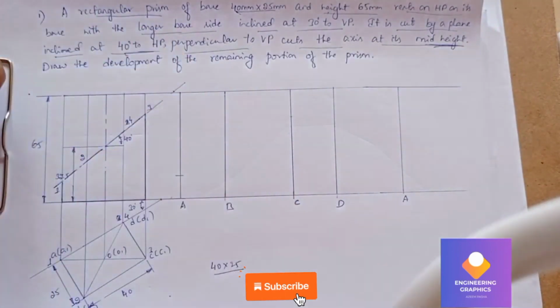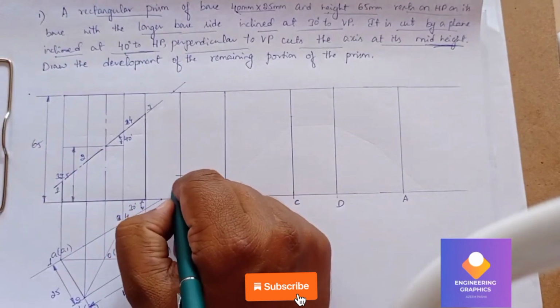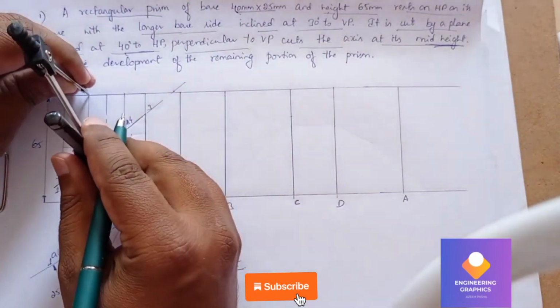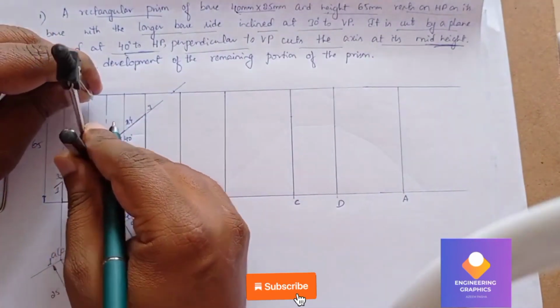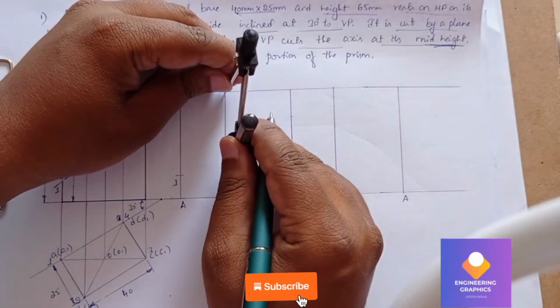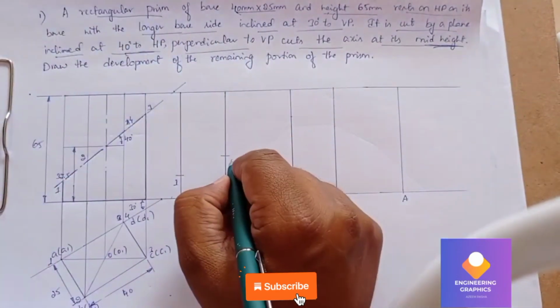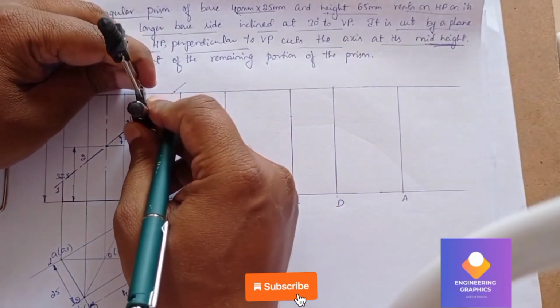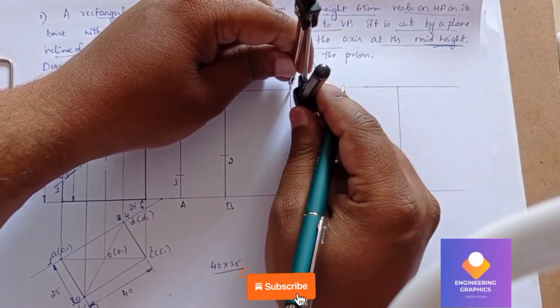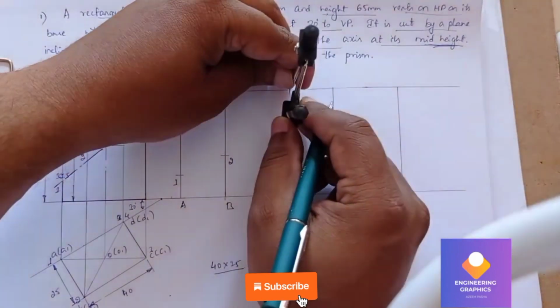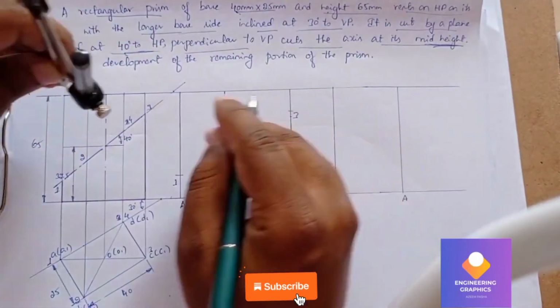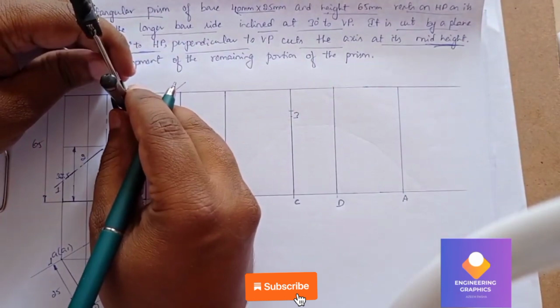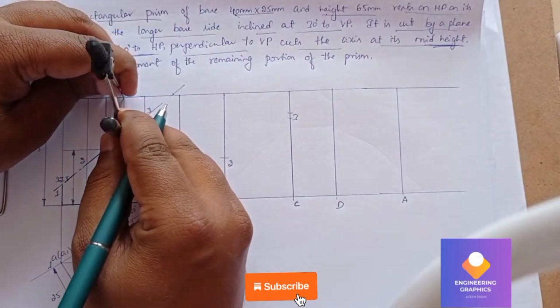So point number 1 is here on A, and similarly point number 2 on B, and point number 3 on vertical edge C, and point number 4 on the vertical edge D.